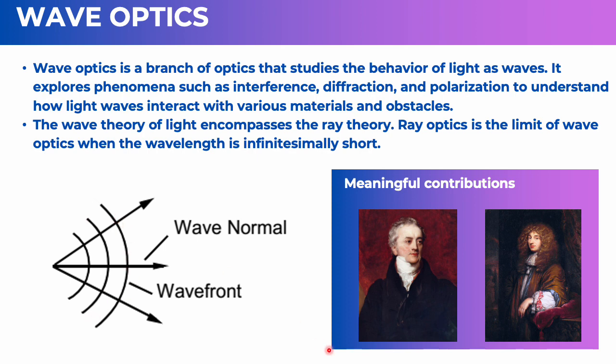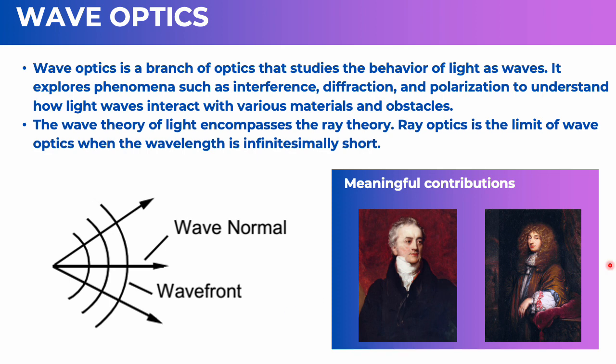So two scientists who have made meaningful contributions to the field of wave optics are Christian Huygens and Thomas Young. So Huygens, in the 17th century, proposed the wave theory of light, where he suggested that light behaves as a wave rather than a stream of particles. He introduced the concept of secondary wavelets, each acting as a source for new waves, which explained the phenomena of diffraction and interference, as we will see.